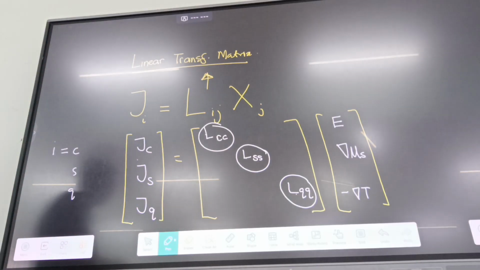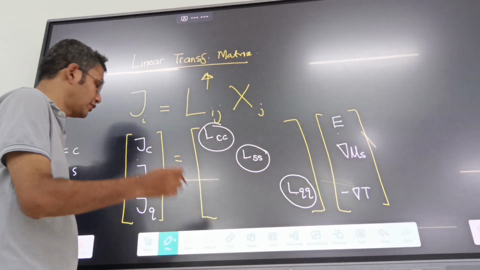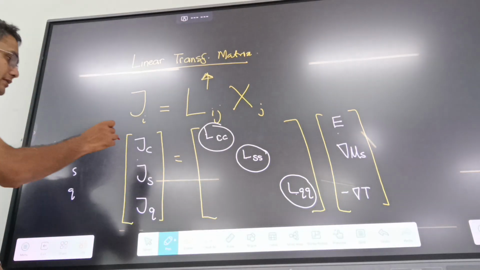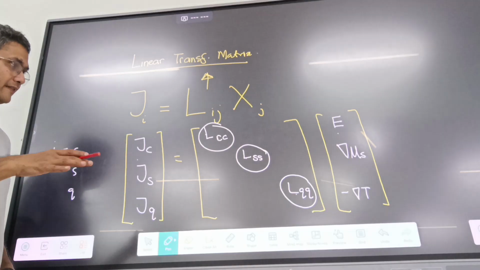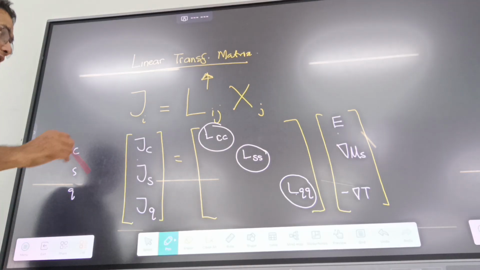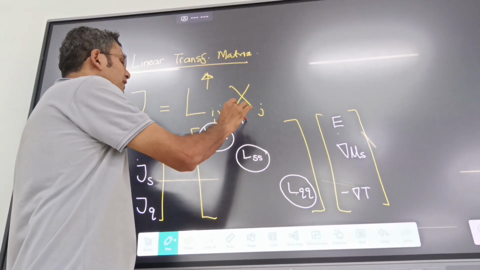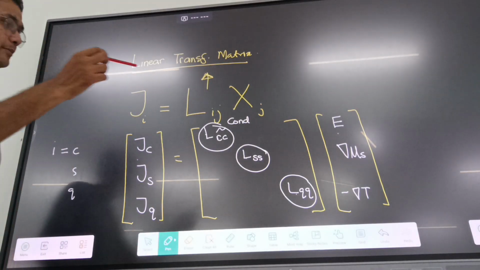तो इसका corresponding equation क्या होगा? Electric field is causing a current density. So if electric field is causing a current density, you can take this one as the conductivity of the material, the normal electrical conductivity sigma.